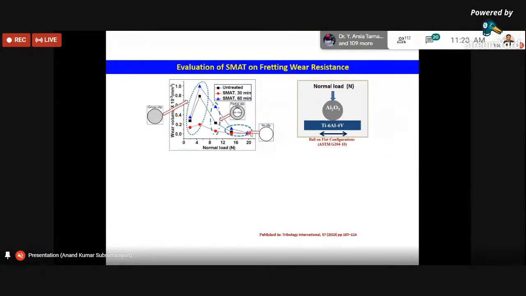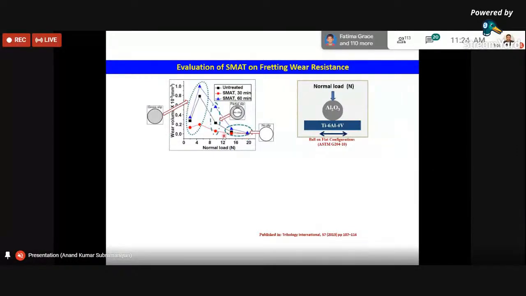That's why you see the material volume to be very low at a higher load because of this no slip condition. This is the typical characteristic that you can see in all the sample behavior: it increases, and then as we increase the normal load, the wear volume decreases.